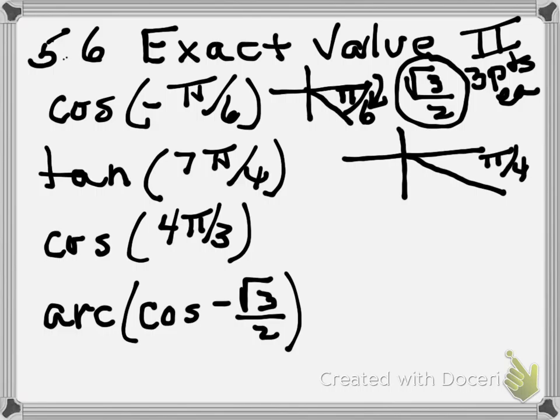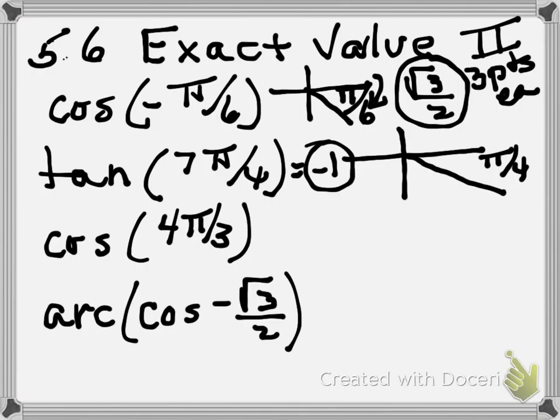Pi over 4, because we're going from 7 pi over 4, from 8 pi over 4 is a reference angle of pi over 4. So really we're looking at the tangent of pi over 4, or 45 degrees in the fourth quadrant. Is it positive or negative? Negative. And what is the tangent of pi over 4? 1. So your answer is negative 1.